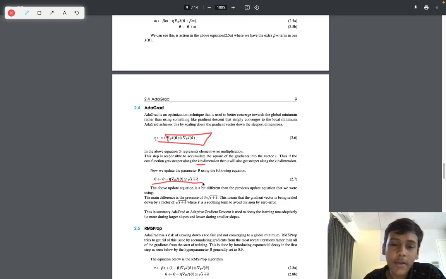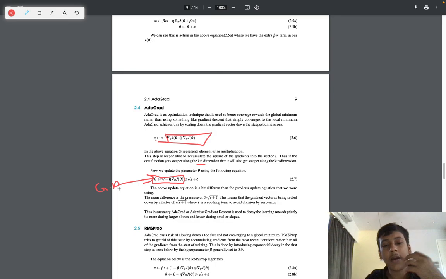Now, the update equation is again a very simple equation. If you look at this, this is just you performing gradient descent. However, the entire adaptive part comes in when you are doing element wise division. You take an epsilon term and you add it to s.